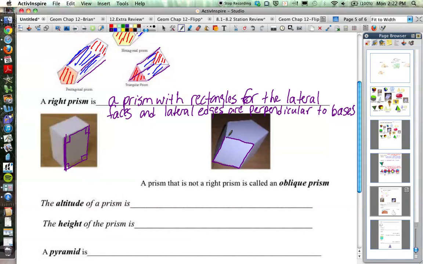And when we look at the lateral edges, the angle here is no longer a right angle. So this right here is an oblique prism. It's kind of tilted. Oblique kind of means tilted off to the side. And so that's the difference between a right prism and an oblique prism.